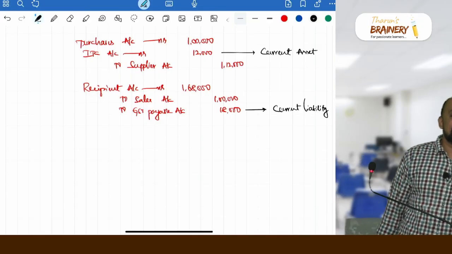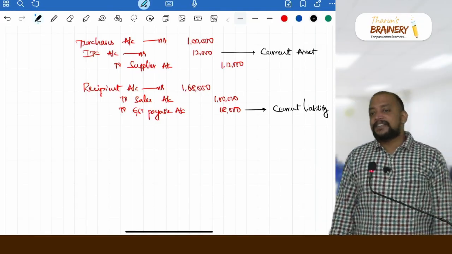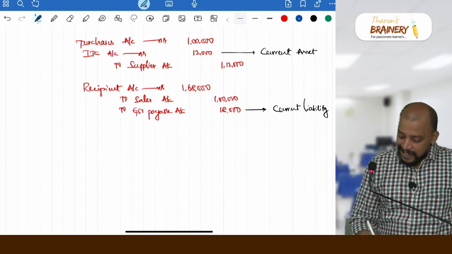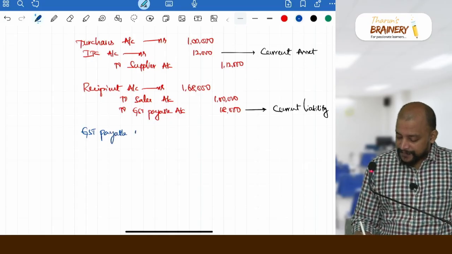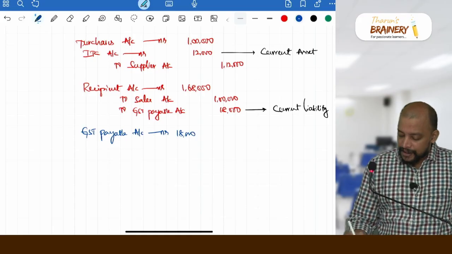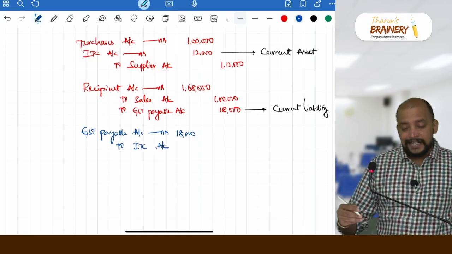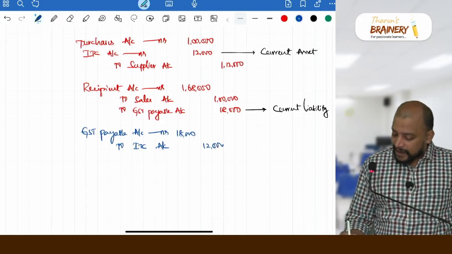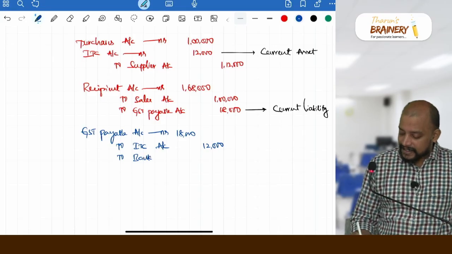Are you understanding here? Now we do the set off. So liability we need to cancel. When we need to cancel the liability, what is the entry? GST payable account debit 18,000, to ITC account. So we are reducing the ITC. How much is the ITC account? 12,000, and to bank, that is payment.